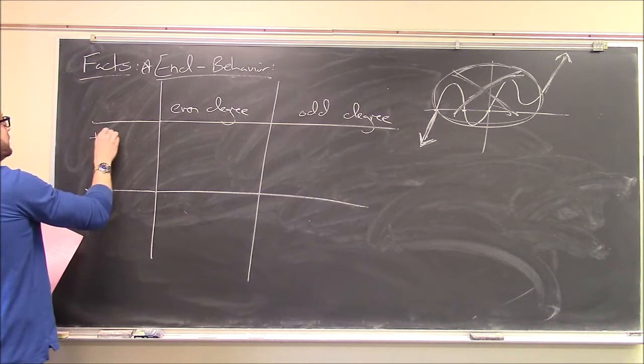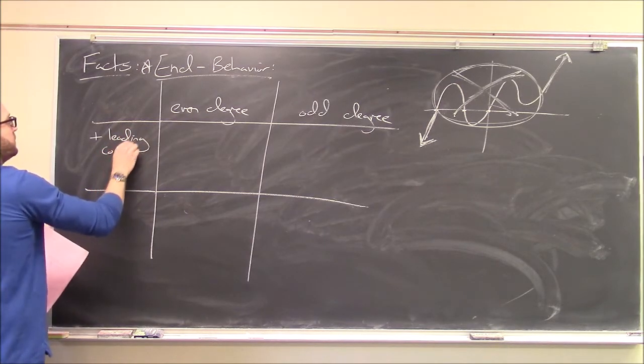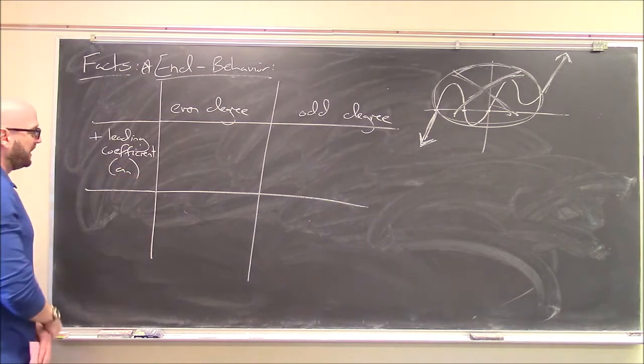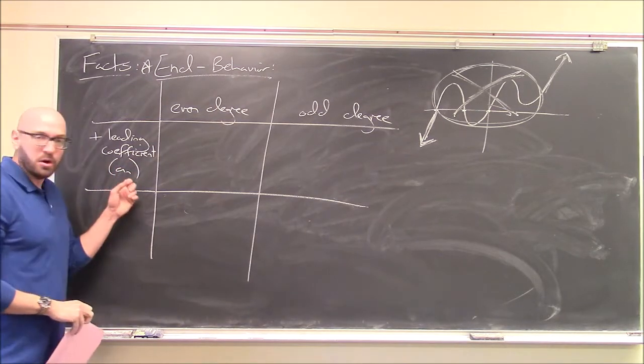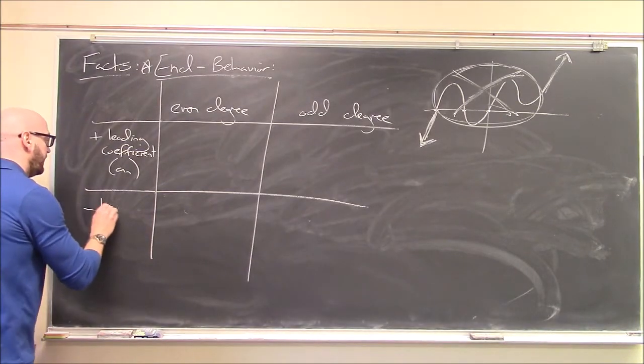So, positive leading coefficient. What I mean by this is a_n, the coefficient of the highest degree term. And negative leading coefficient.